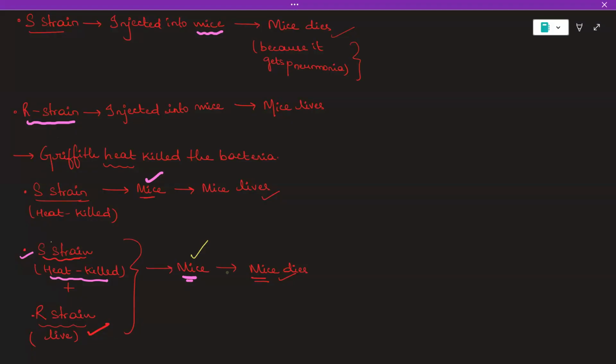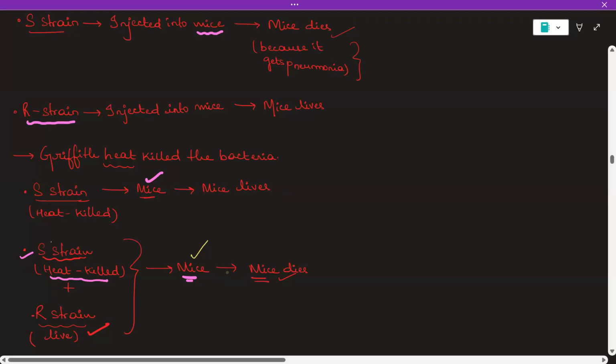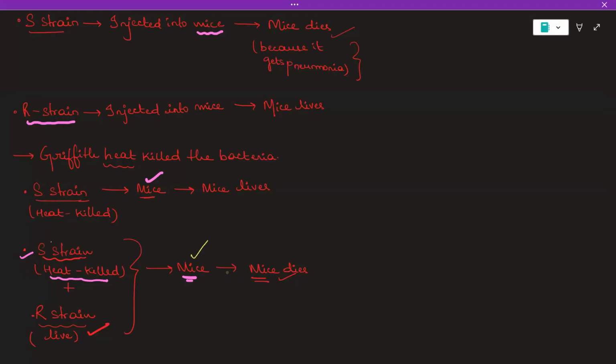Later on, S strain was recovered from the dead mice, and they said that this is because of the genetic material that is getting transformed into the other type of bacteria. He just speculated that this is because of genetic material, but up until his research, people did not know what the genetic material's nature was, whether it is protein, RNA or DNA. Is it clear? Yes, ma'am.